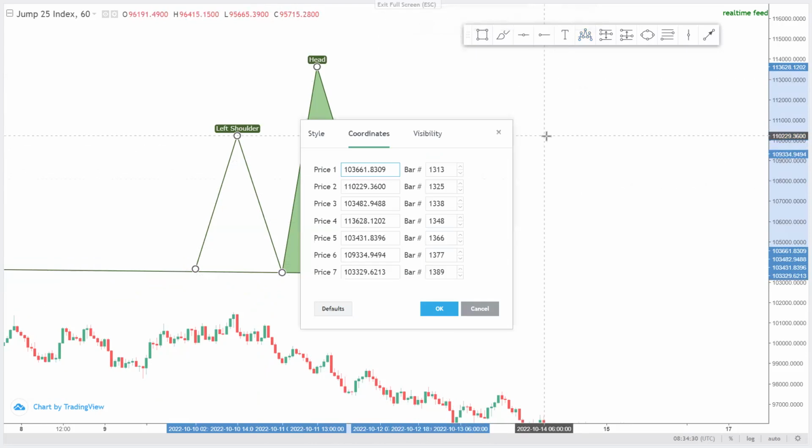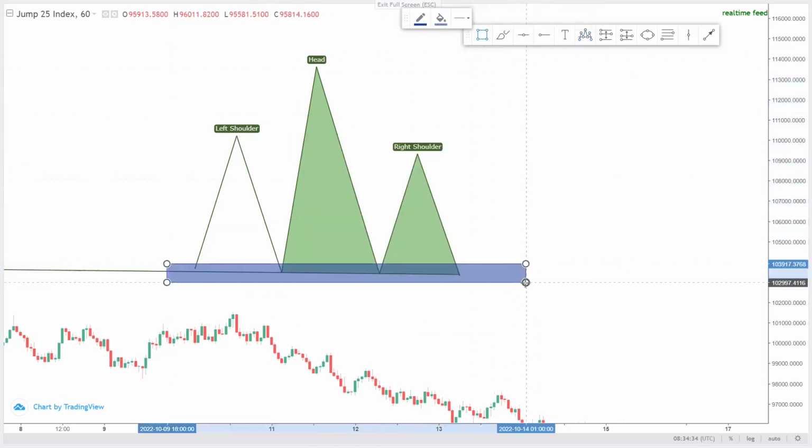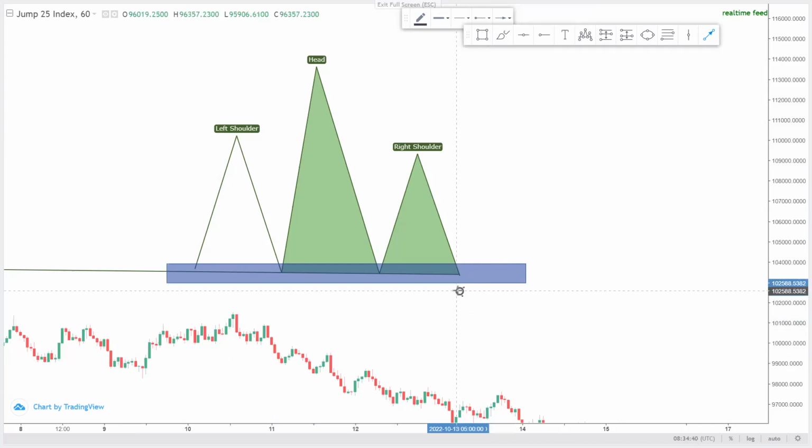And then there is a price break of the neckline. The price break of the neckline, this would be a confirmed head and shoulder pattern. In the course of this video, we will be treating the latter, which is the potential head and shoulder pattern.